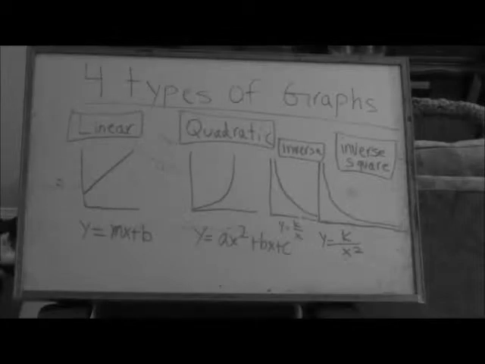Inverse and inverse square are really similar, but the inverse graph is much steeper than the inverse square. As you can see, all the graphs are there for linear, quadratic, inverse, and inverse square.